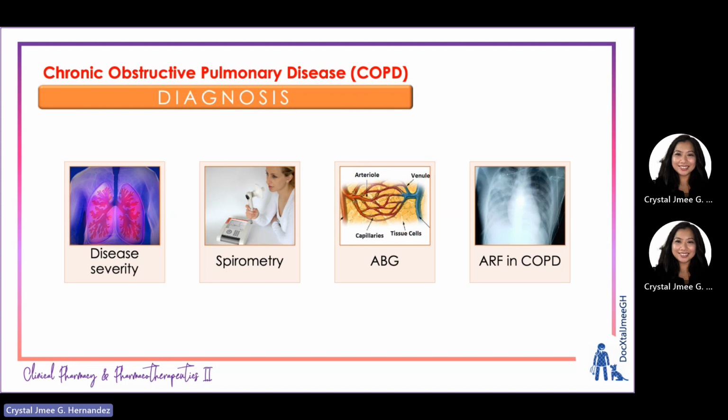The manifestations of ARF in COPD include restlessness, confusion, tachycardia, diaphoresis, cyanosis, and hypotension. Irregular breathing can also be seen, as well as miosis, and it may lead to unconsciousness.